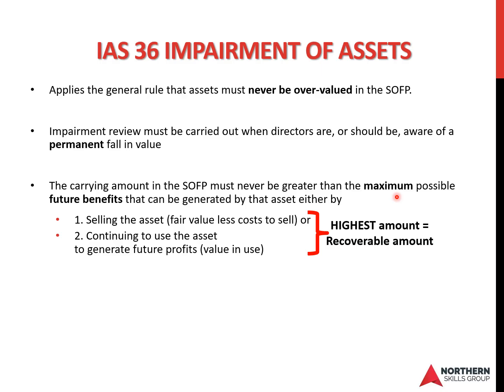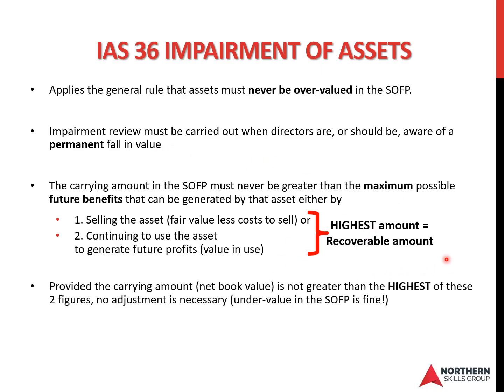And when we're considering impairment reviews, we take the highest of those two figures. So that's the maximum future benefit that we're likely to obtain from that asset, either by selling it or using it to generate profits. And we take the highest of those two and compare that to the carrying amount in the statement of financial position.